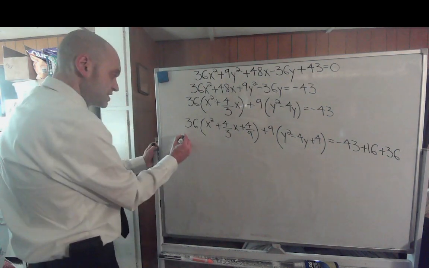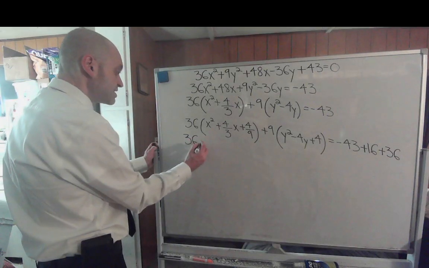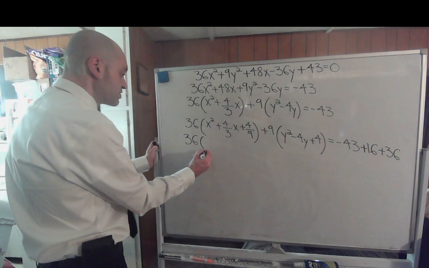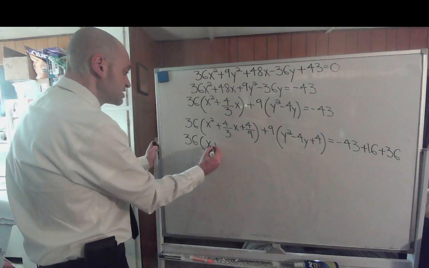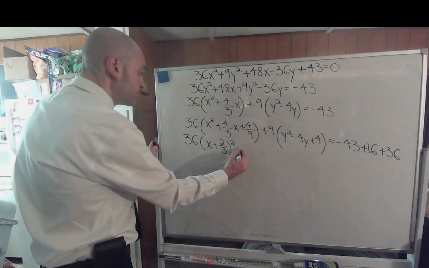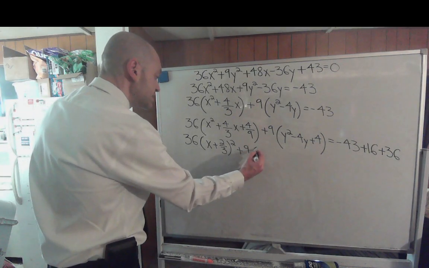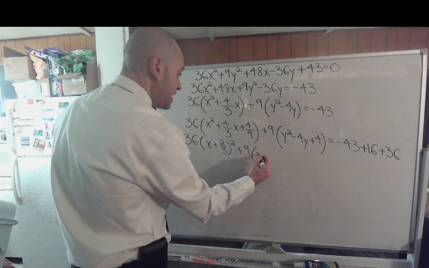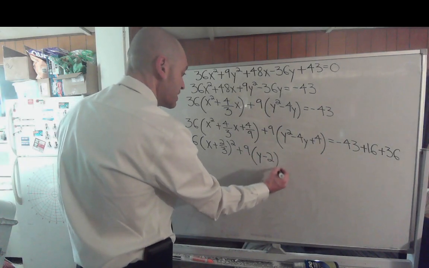So this is going to simplify into 36 times the quantity of x plus 2/3 squared plus 9 times y minus 2 squared.